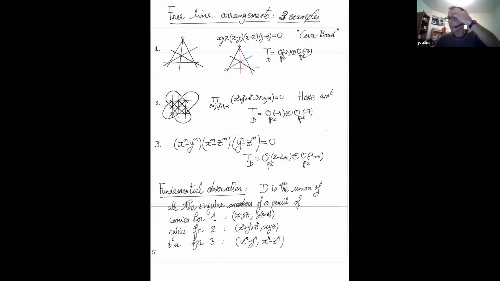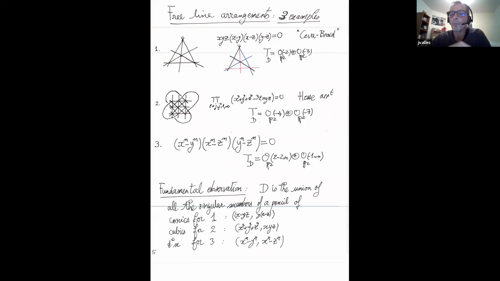I knew this observation thanks to Artal and Cogolludo. They are mathematicians in Zaragoza, and they believe, or they still think, I guess, that this is a general phenomenon.